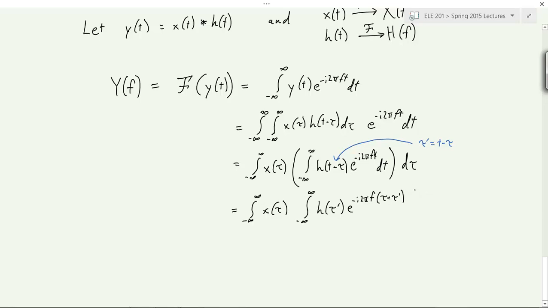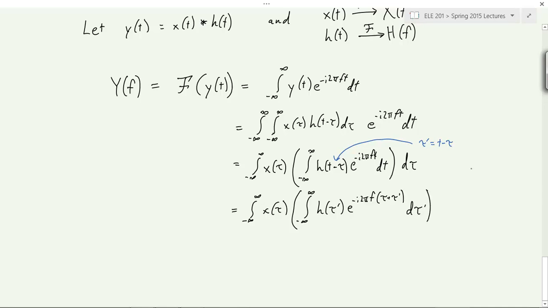By the way, I realize that some people may not be used to using tau prime as just a variable. Okay, that's just a variable. It's a new name. It doesn't mean derivative or anything. All right. And this is with respect to tau prime.